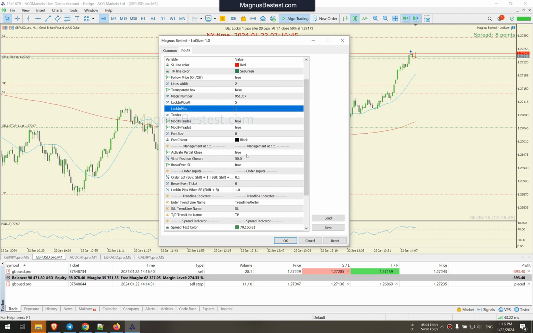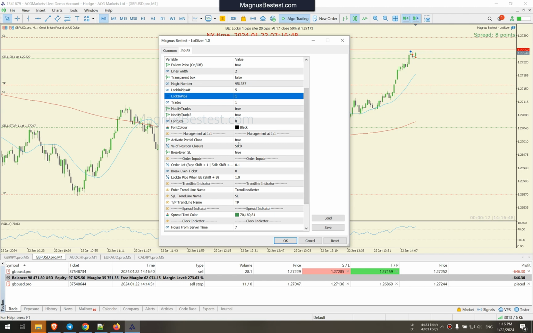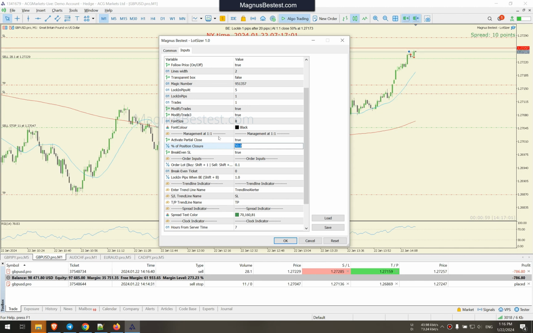The great improvement here is that we can automatically take 50%, or however many percent you want, of your position at 1-to-1 risk to reward. So once the price moves at least the same distance as your stop loss, in this case you will close 50% of your position, the other half stays running, and at the same time you can decide if you want the stop loss placed to break even or not. By default, I have it set to true, so yes.